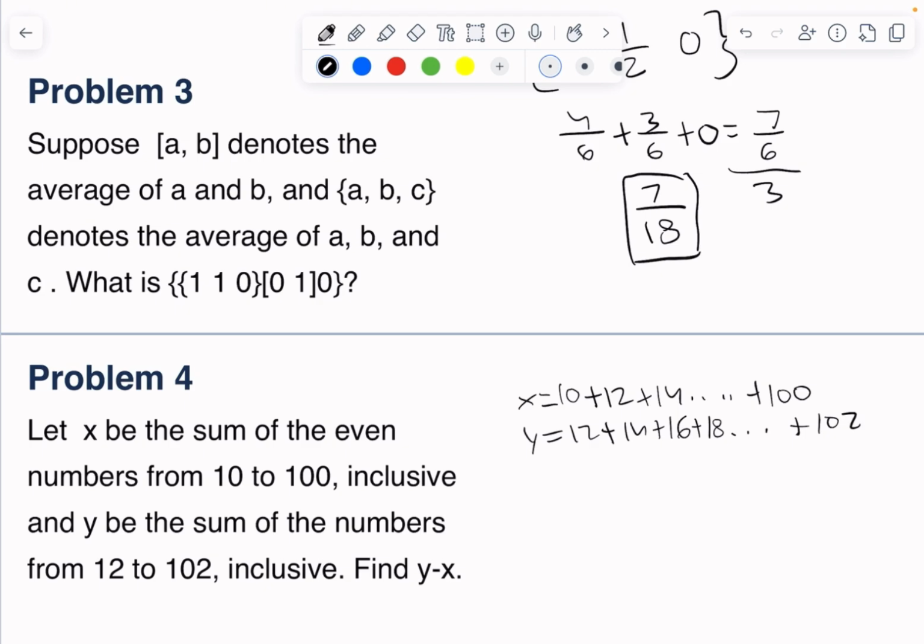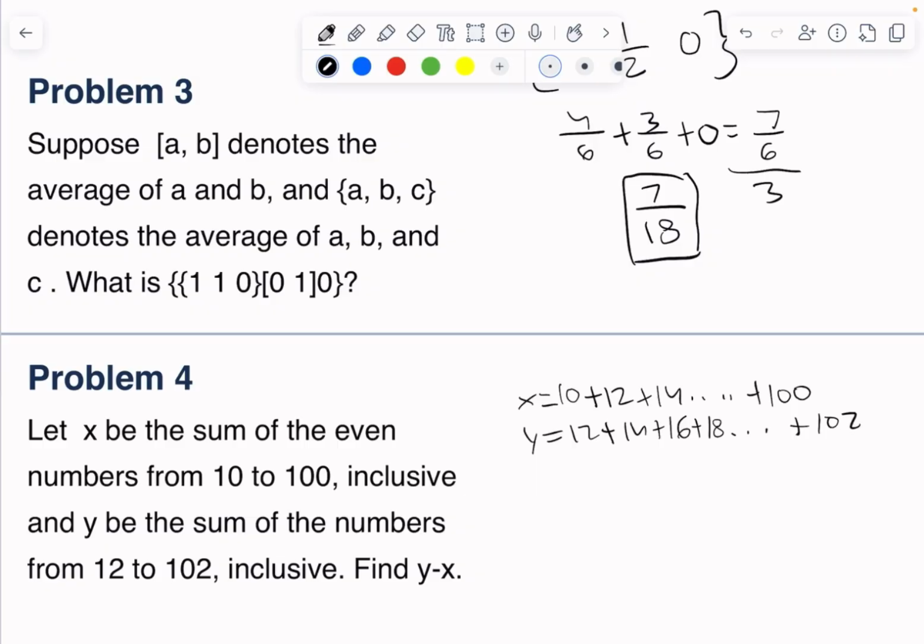We can notice that the difference is just going to be 2 times the number of elements in the list, because the number of elements in x is going to be the same as the number of elements in y, because for each element in x, we're adding 2 to get each element in y.